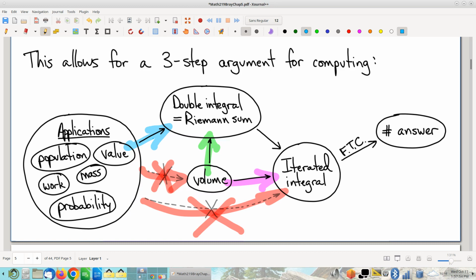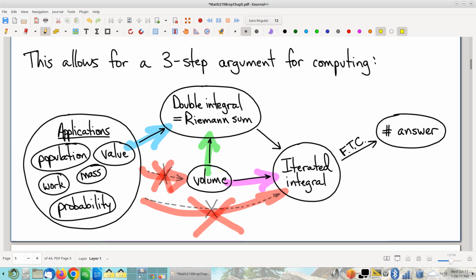This is the objects and connections that we've drawn, and the connections where we've tried and failed. Everybody happy so far? And you might be able to see where I'm going with this. This volume computation here, the point is not that it allows me to compute volume.